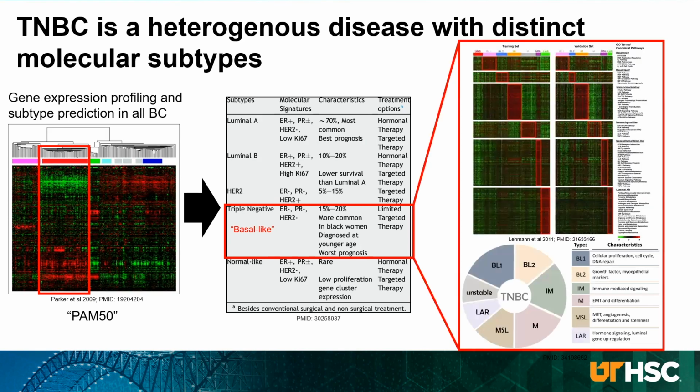And then some groups later, also using gene expression profiling, were able to identify more subtypes of basal-like or triple negative breast cancer. So you'll notice that these subtypes are defined by the expression of certain biological pathways, such as immune signaling, differentiation and epithelial-mesenchymal transition, as well as androgen receptor expression and cell cycle control and DNA repair.